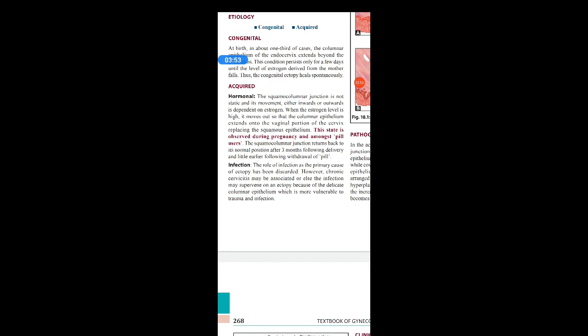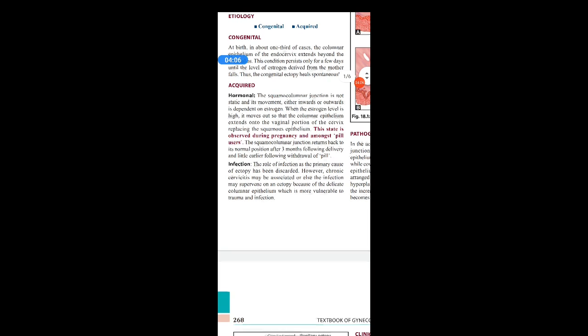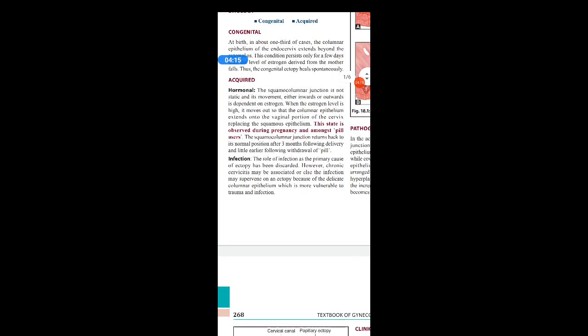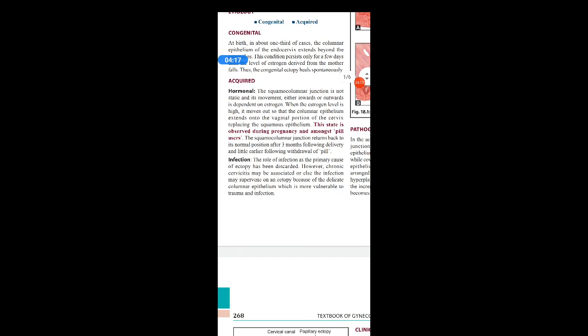This state is seen in estrogen dominant conditions, like when a lady is using contraceptive pills. Because she is under constant estrogen, you can see this type of hormonal ectopy.